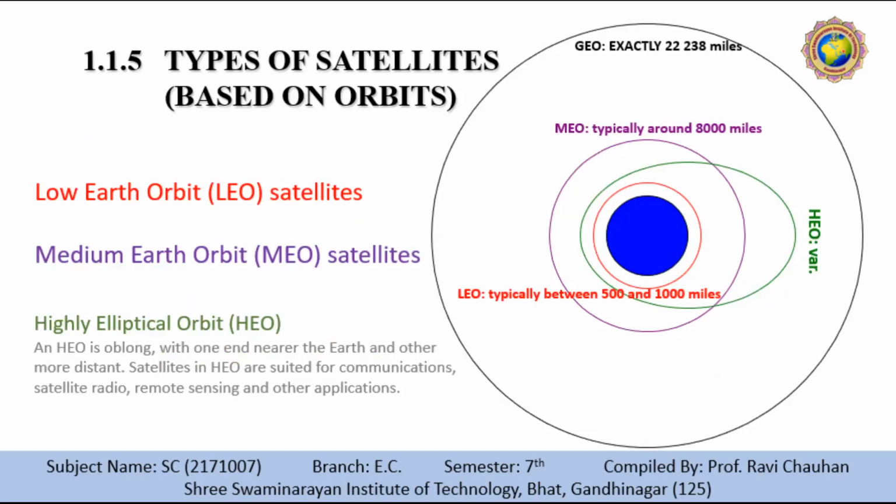Another type is low Earth orbit. The orbit shown in this figure in red color is the LEO satellite orbit. These satellites are placed about 500 to 1000 miles above the surface of the Earth.